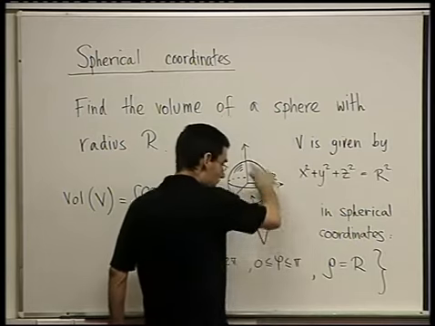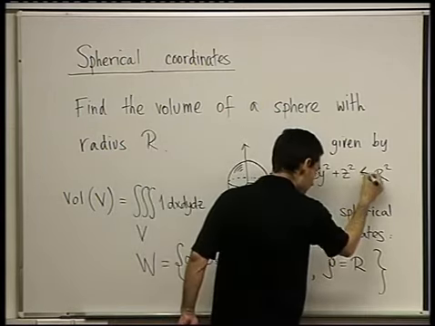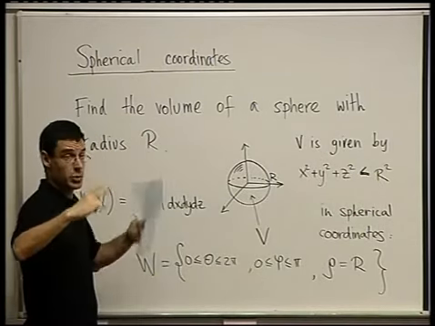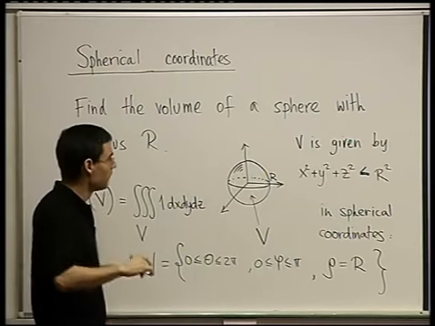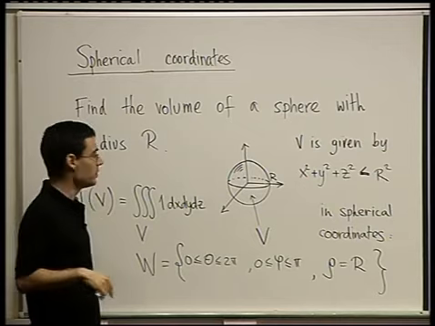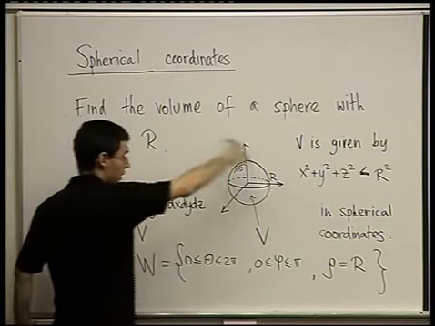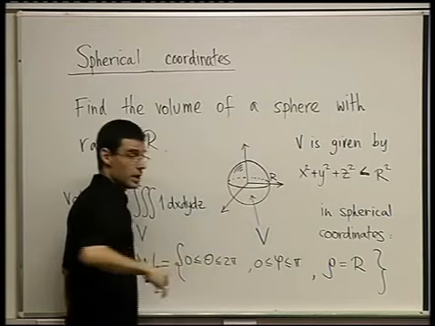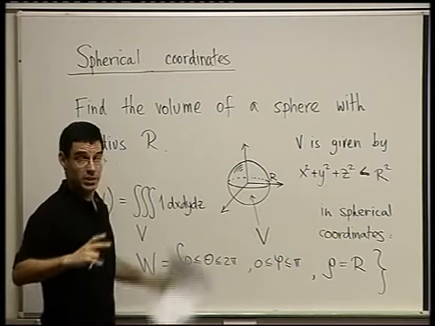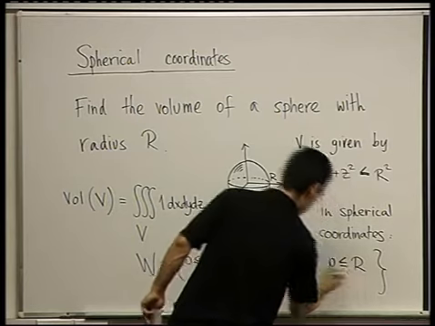The sphere is this. The volume, okay, V is given by this. That's better, because we're not looking at a sphere. We're looking at the actual ball. We want the volume of the ball. This is confusing. The word sphere, I made a mistake. The word sphere is usually considered as the surface, the outer surface. And what I'm interested in is the volume, the solid, okay? So this should be rho is less than or equal to R.